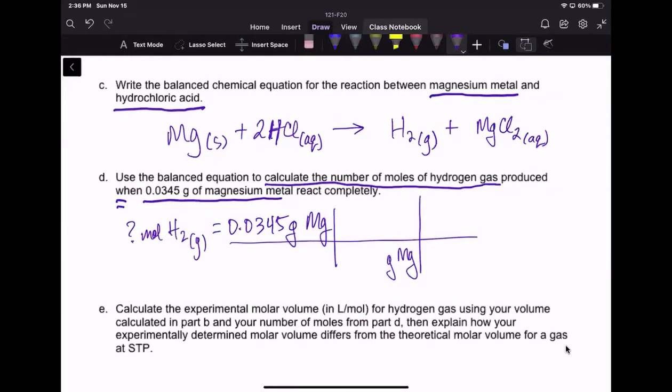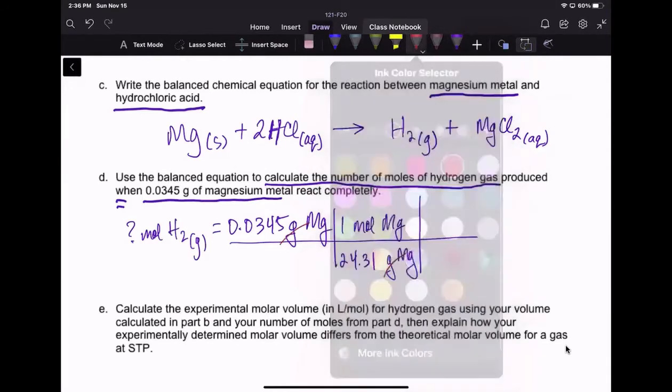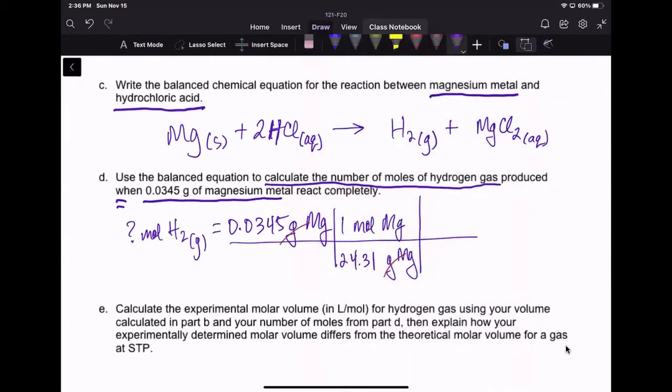So let's go to moles of magnesium. 1 mole of magnesium is 24.31 grams, and the grams are out of there. Then we'll need to cancel out moles of magnesium because I don't see that in the answers. What I have is moles of hydrogen. So using those coefficients from the chemical equation, that is 1 to 1. Great. So those cancel out and we end up with moles.